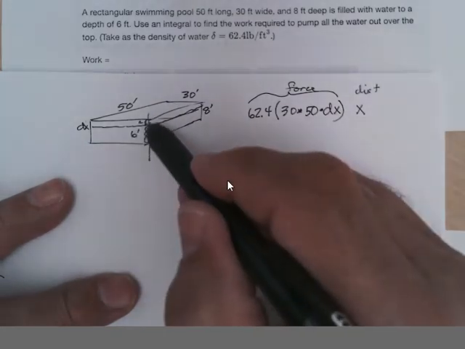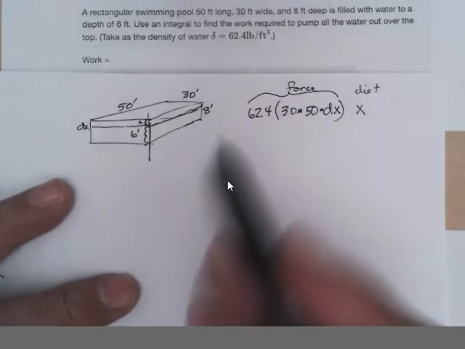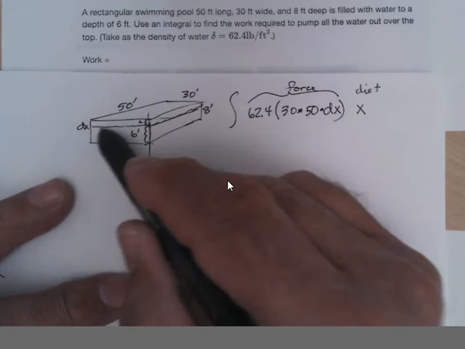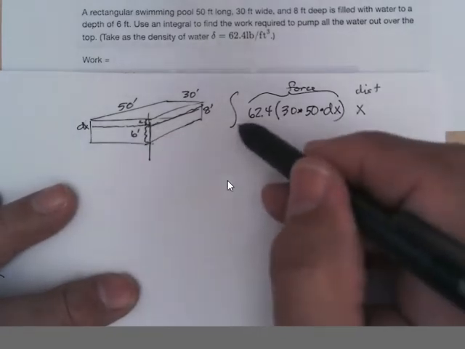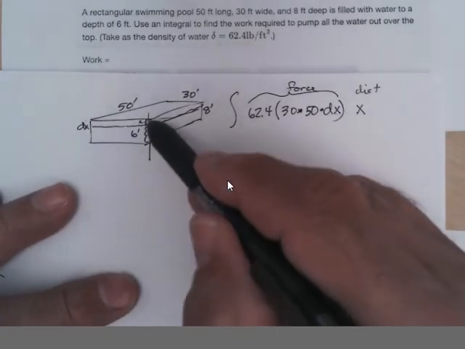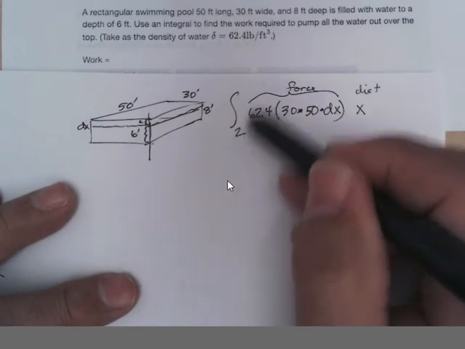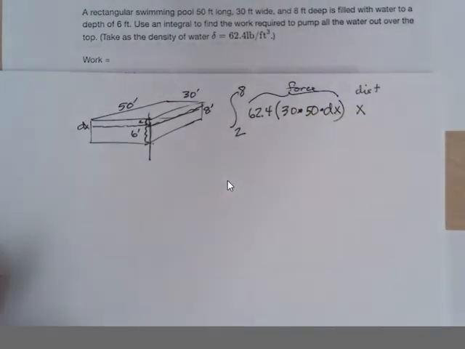It's going to be 2, but it's going to increase as we take water out, and we're going to add up all these little small slices of the water from, if x is from here, we're going to go from 2 to 8 to remove those 6 feet of water.